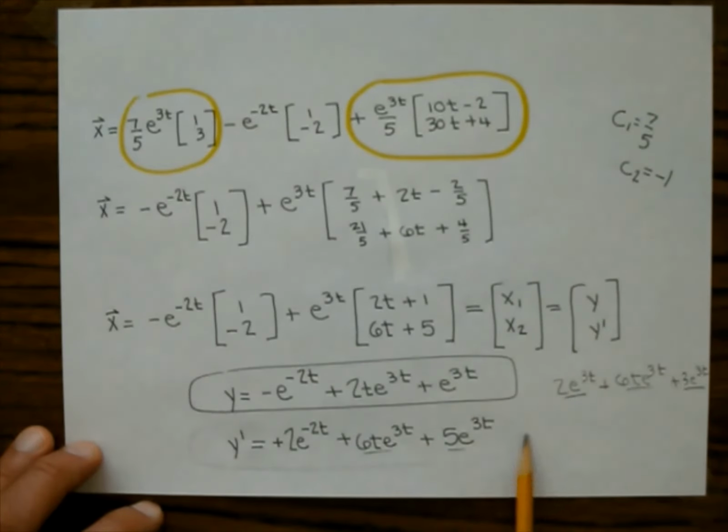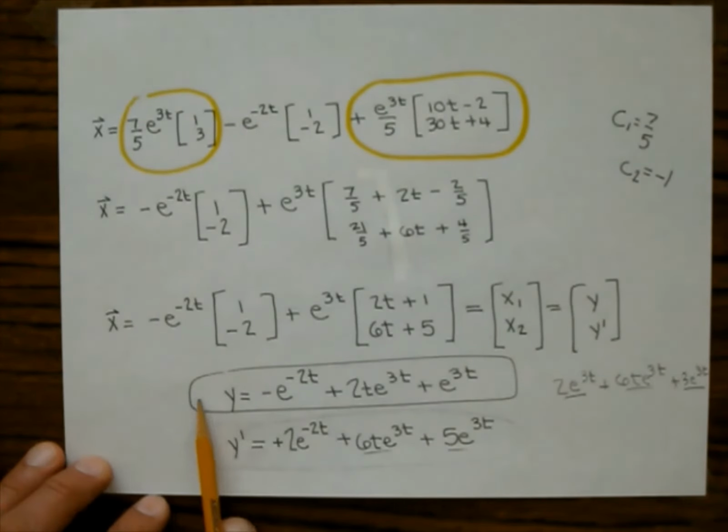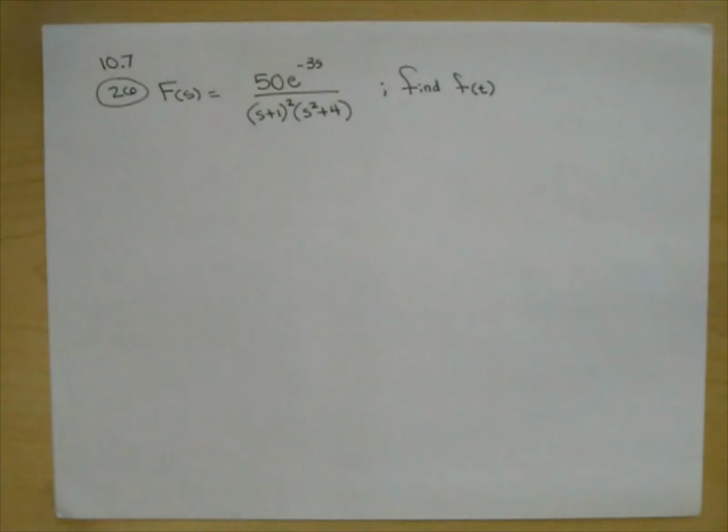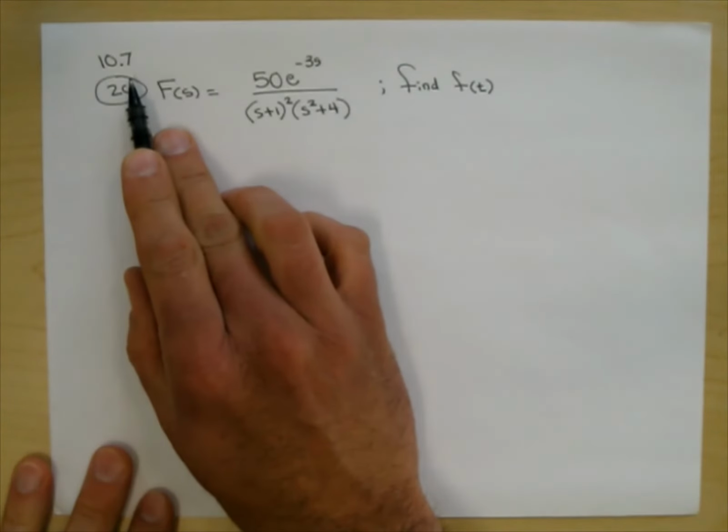So this right here, it wasn't part of the answer. This is what we did, and we actually put our original differential equation into a first order linear system to get what we wanted.